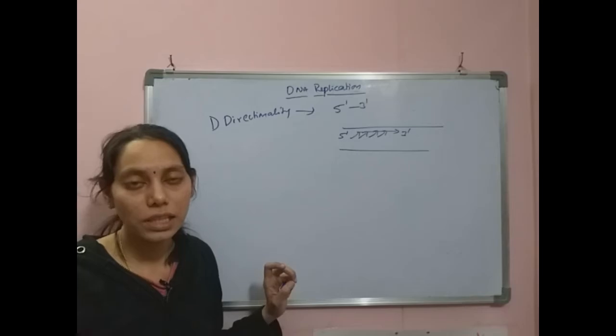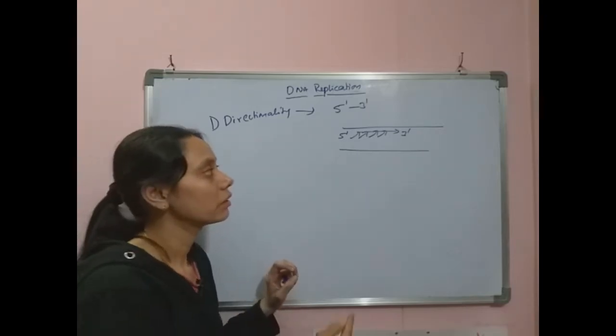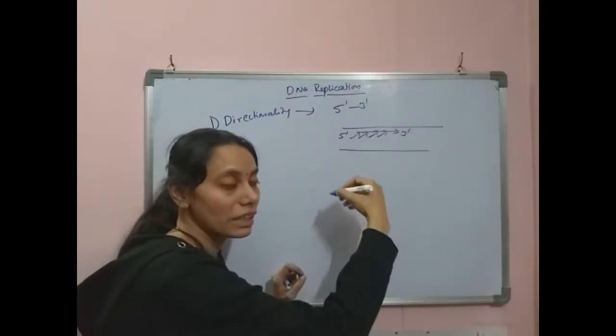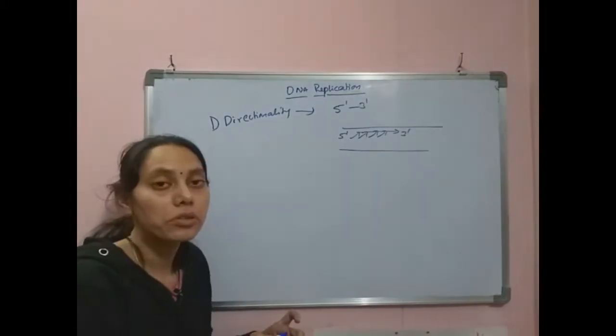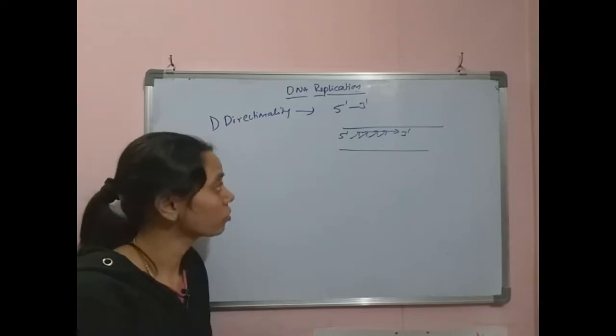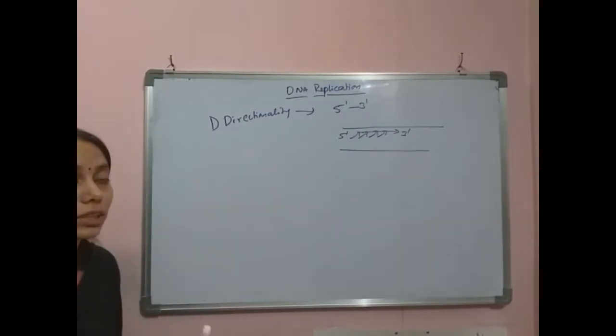So whenever DNA replication is carried out, the direction of the addition of nucleotides in the growing chain will be 5' to 3'. That is the directionality of the DNA.